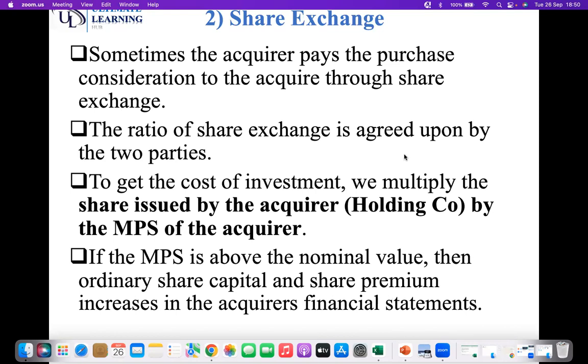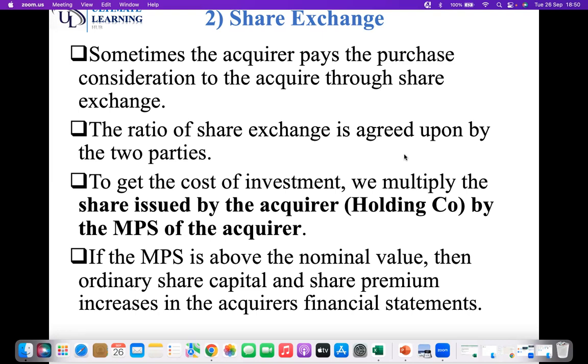Now, how do we calculate the cost of investment in that case? You need to find the number of shares acquired, not issued. Number of shares acquired times the ratio of acquisition.